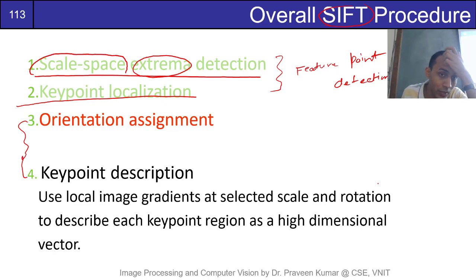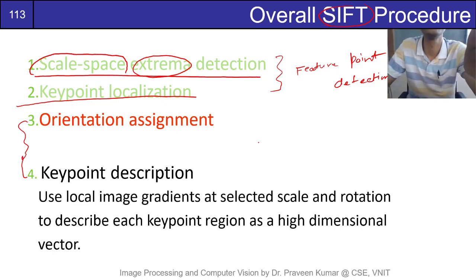Once we have the key point locations, the question is how to describe them. In Harris corner, we had no method to describe the feature. Here in SIFT we have a method for describing the feature point. The main idea is that while describing, we have to make a trade-off between two things.